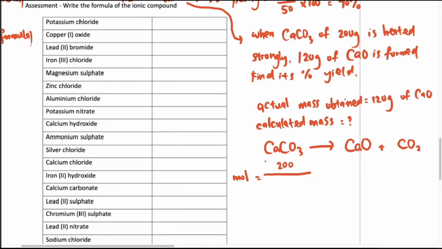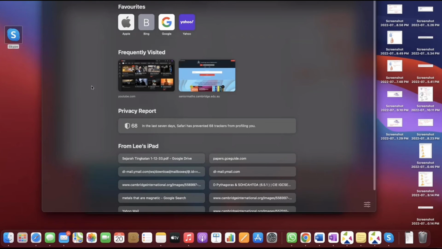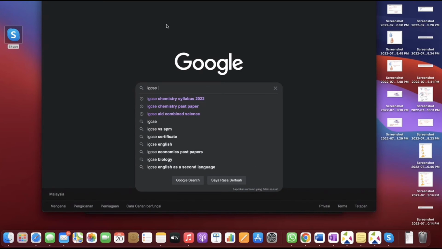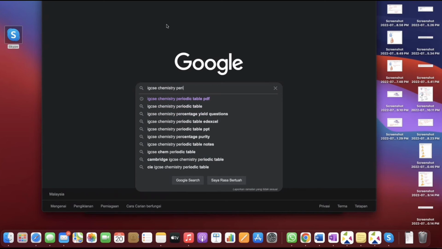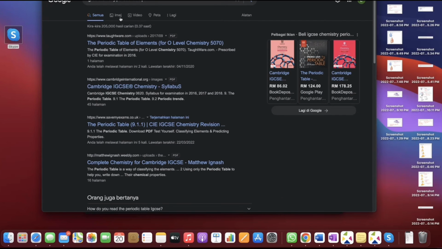Okay, so calcium, let me check the periodic table. IGCSE chemistry periodic table.